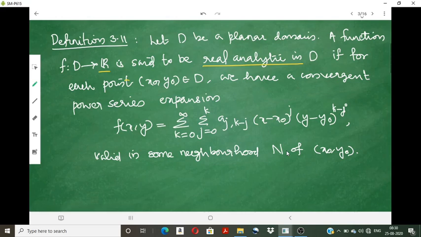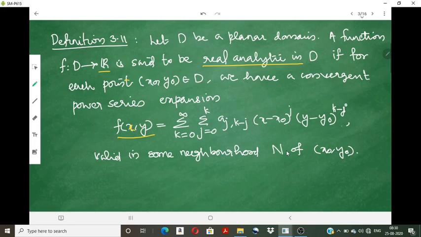So the power series expansion is f of xy equal to the summation k varies from 0 to infinity and j varies from 0 to k. We know it is a function of x and y, isn't it? So the coefficient a_j,k-j into (x minus x0) raised to j, (y minus y0) raised to k minus j. It is valid in some neighborhood N of x0, y0.